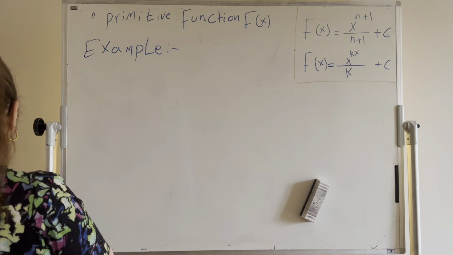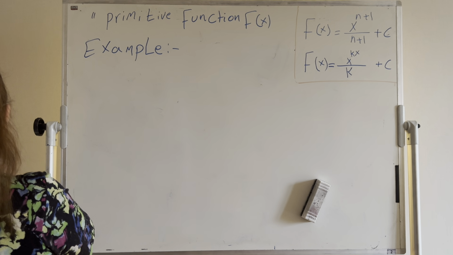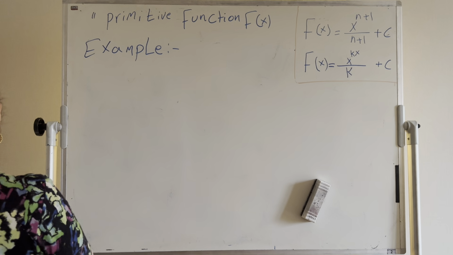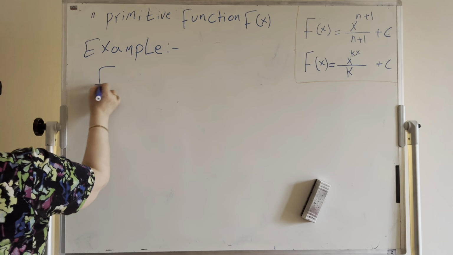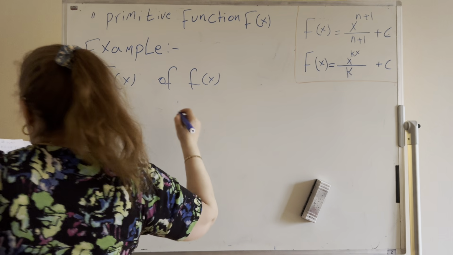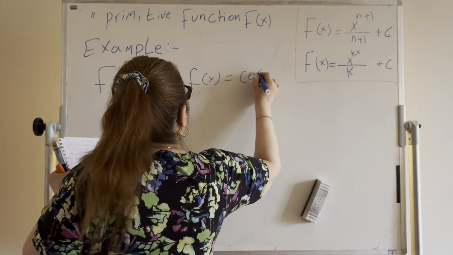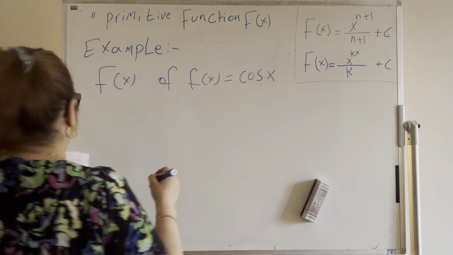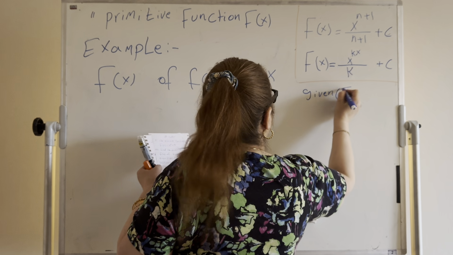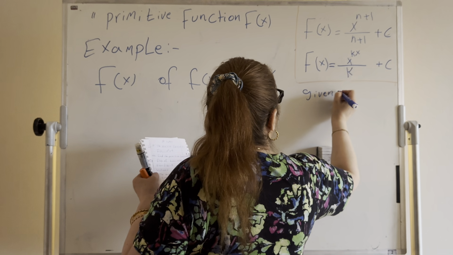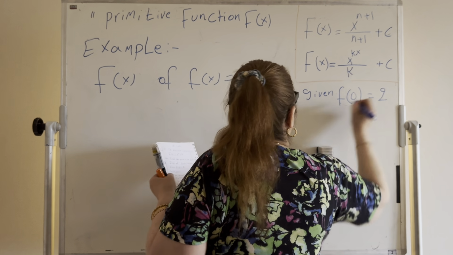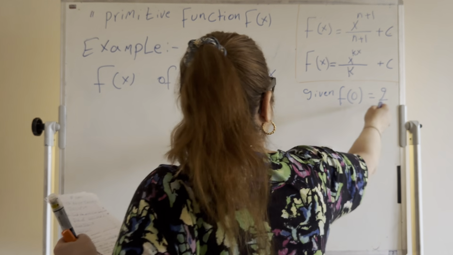Find the primitive function of f of x equals cosine x, given the condition: when x equals 0, y equals 2.